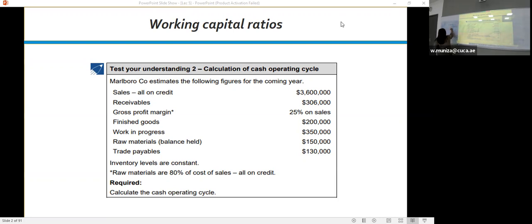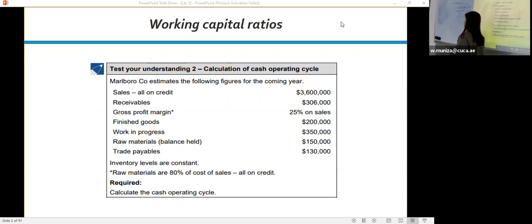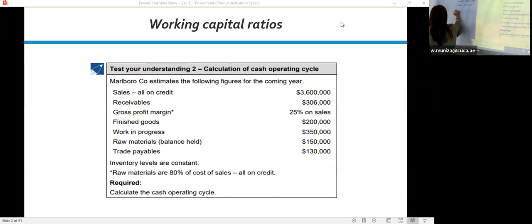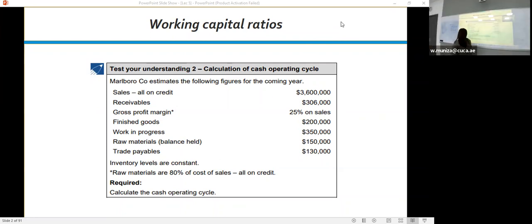If we have inventory, we calculate the inventory holding period. If we have different kinds of inventory, for example raw material, work in progress, and finished goods, we calculate the inventory holding period separately for each. We add these, and we deduct the payables payment period in order to calculate the cash operating cycle. So this is the formula which we have discussed.